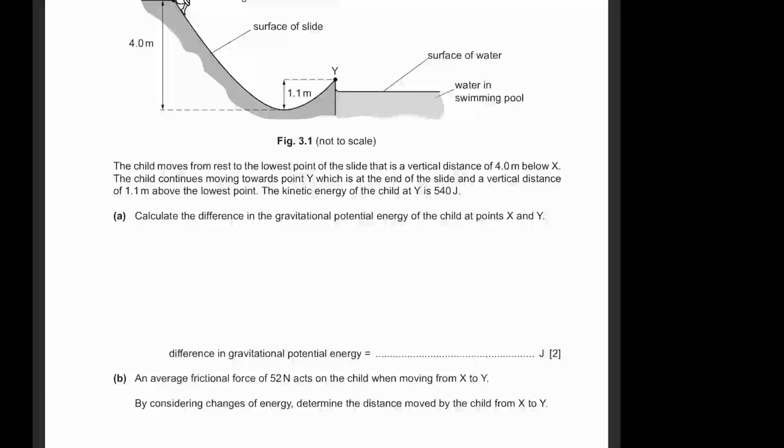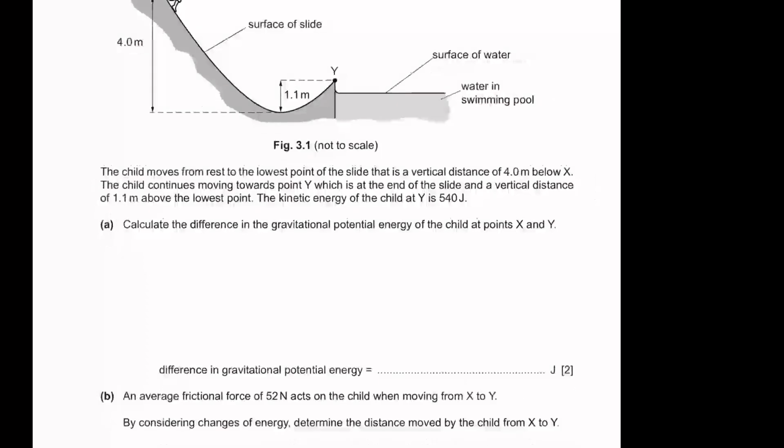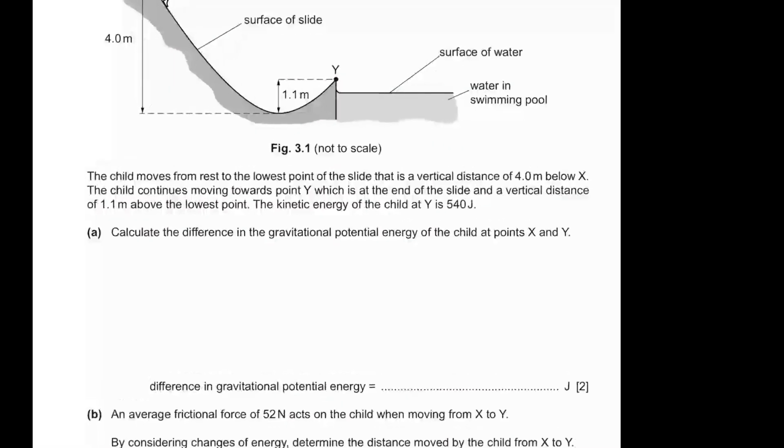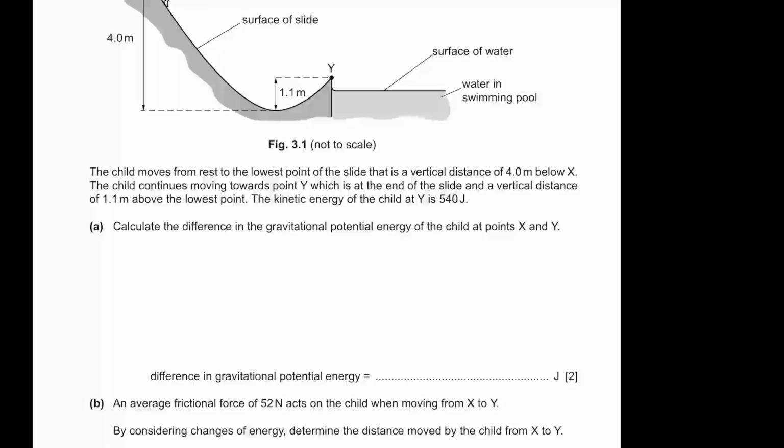Question 3. A child of weight 330 newtons is at point X at the top of a slide. The slide is at the edge of a swimming pool, as shown in figure 3.1.